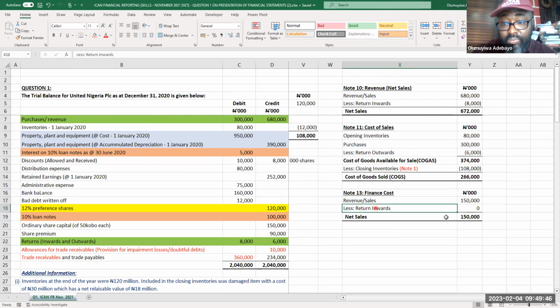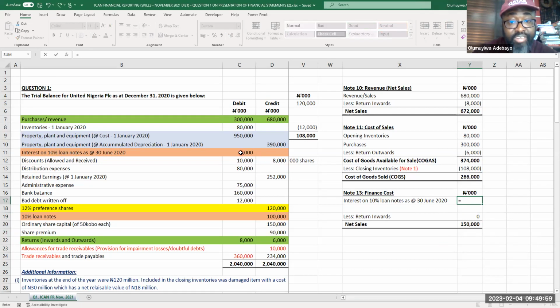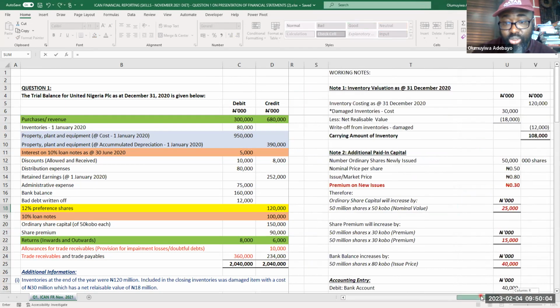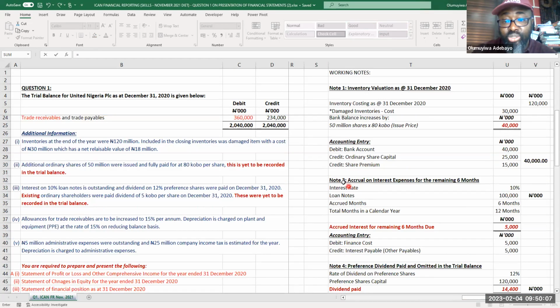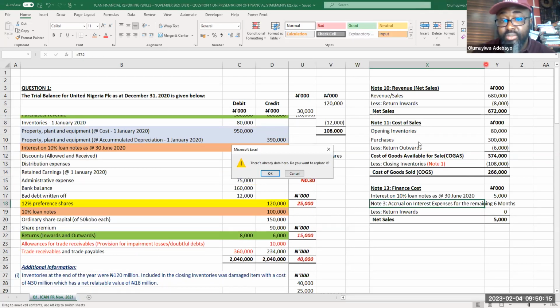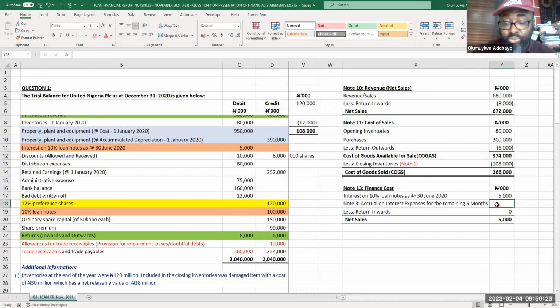Now, there are two things we need to consider. First, from our trial balance, we have interest for this period, which is 5,000. Now, also in note 3, we had additional 6 months. And which was how much again?